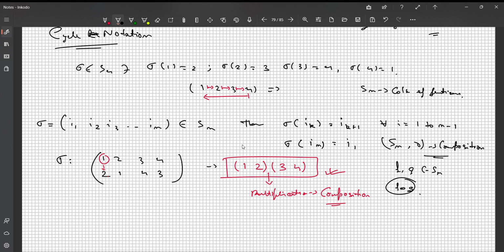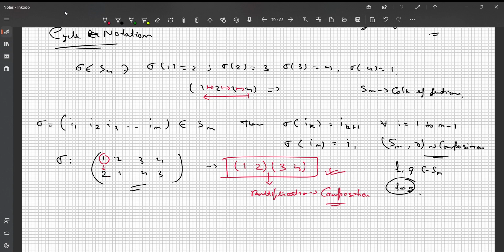And the inverse mapping will also obviously exist, because whatever you are doing in a permutation, if you just step backward, you will get the inverse mapping, right? Let me consider an example. Suppose sigma sends 1 to 2, 2 to 1, 3 to 4 and 4 to 3.